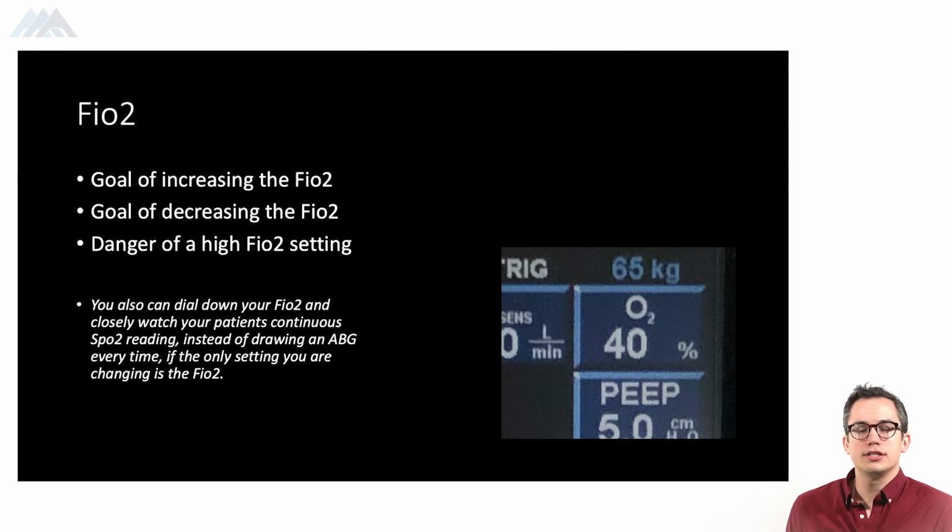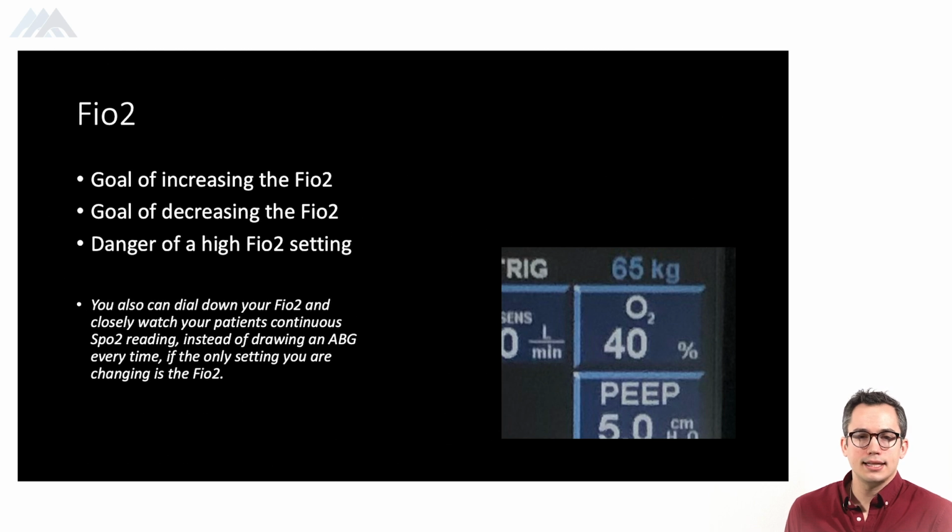Once you get your second ABG, you're going to see that PaO2 be well over the normal limit of 100, and that's going to signify to you that you're going to be able to come down on your FiO2. The goal here is going to be to get our FiO2 down to 40, making sure that with every ABG that we're getting, as long as our PaO2 is in that 80 to 100 range, then we can continue to dial it down.